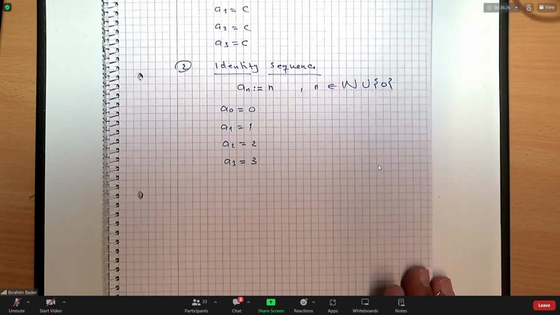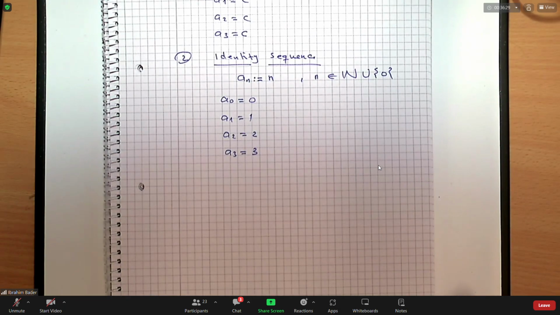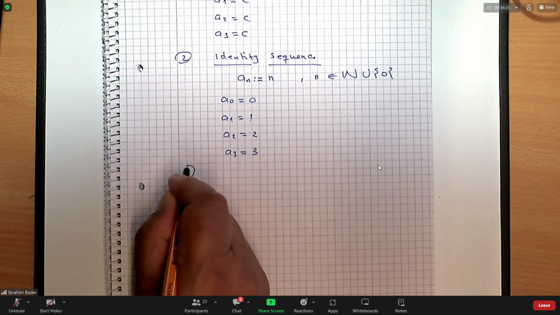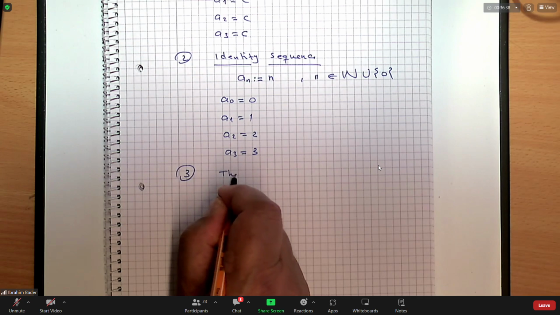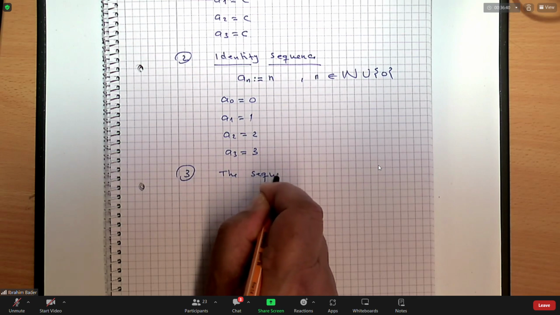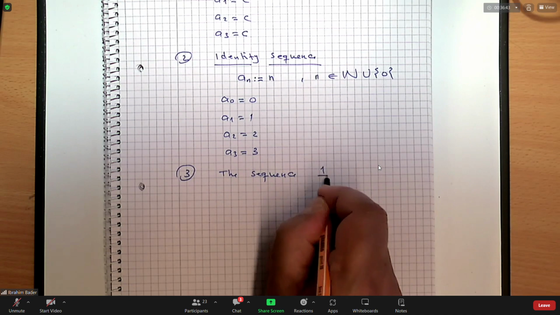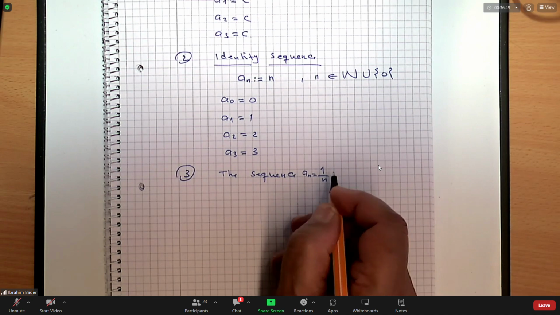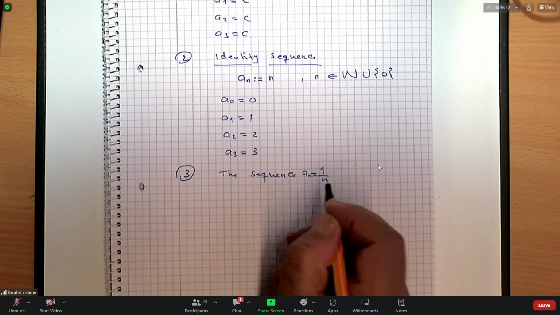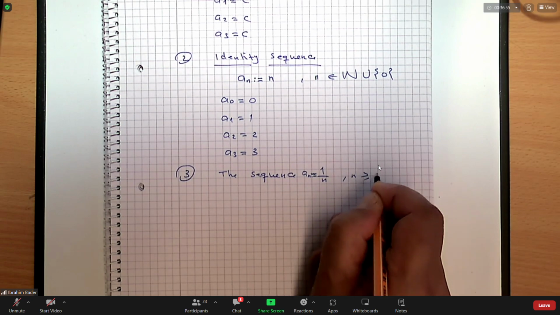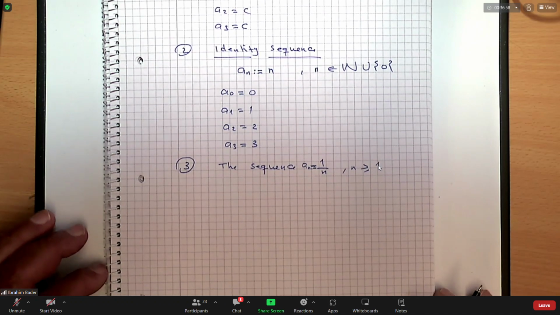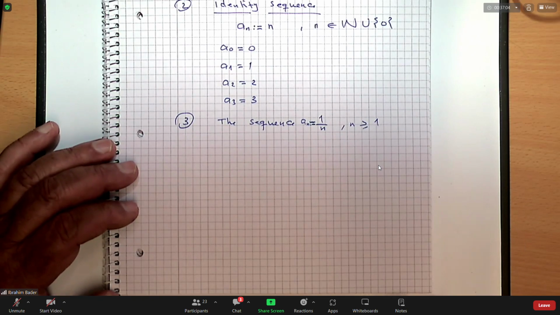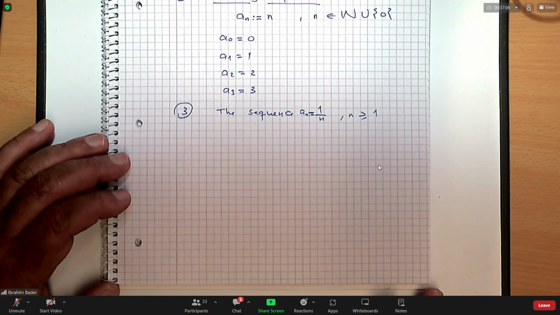Now, there are some sequences like the next one where you are forced to start at 1. You can't start at 0. This is the definition here: n greater or equal to 1, or n is in N. Here it doesn't make any sense to talk about a sub 0.